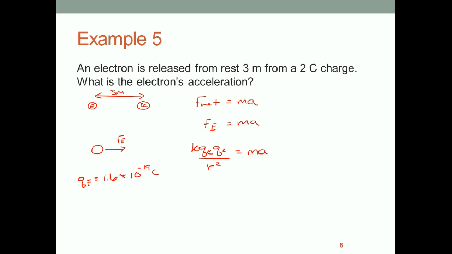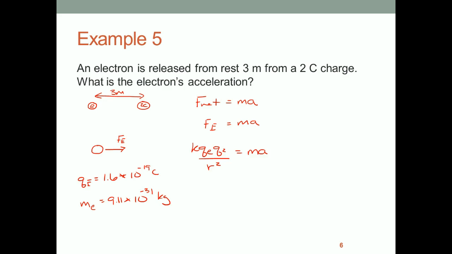If you look in the cover of your book or ask Dr. Google, you are told the mass of the electron is 9.11 times 10 to the minus 31 kilograms. So now I have all the information I need to find the acceleration.